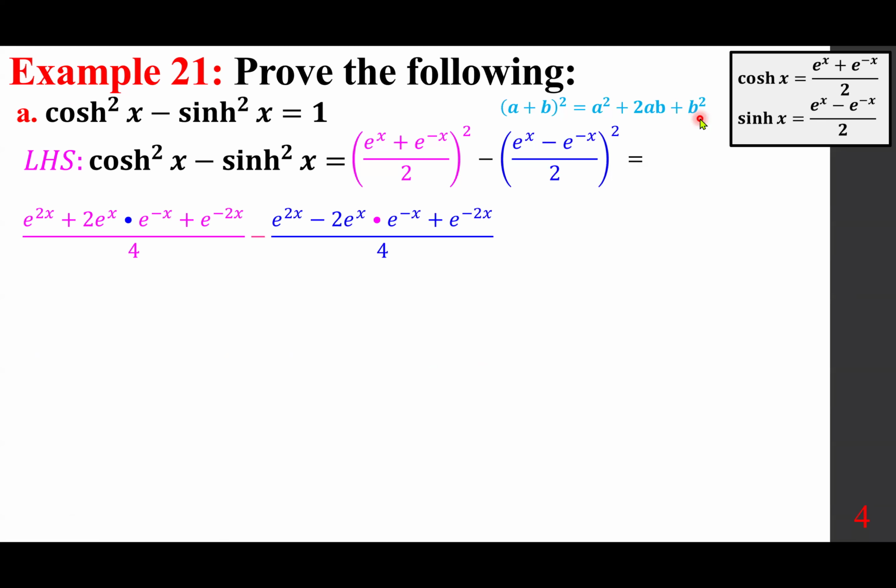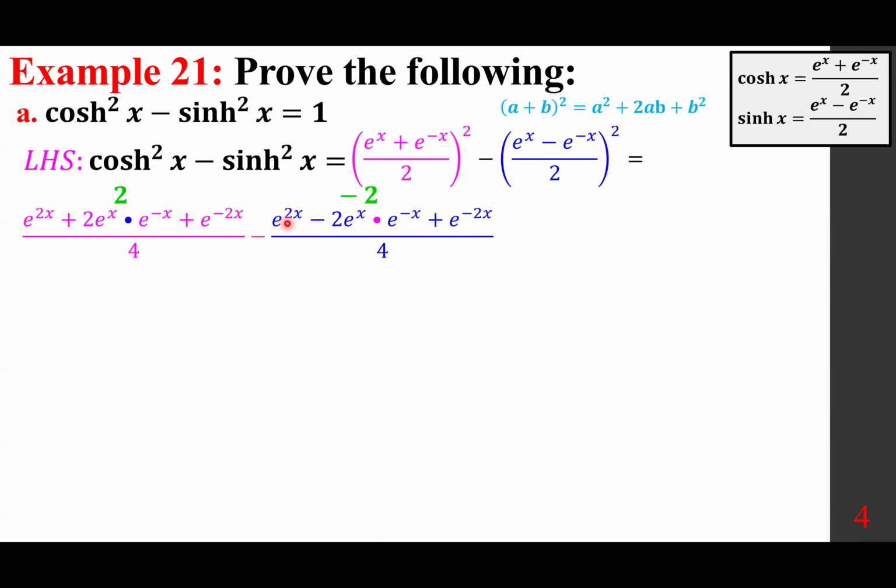Now we're going to put them together. And first and foremost, I want you to notice e to the power of x times e to the power of minus x is e to the power of 0, which is 1, and this is 2. And this is the same thing, 1 times negative 2, minus 2. So we are going to write this one as it is. This one, we're going to change the sign because of the negative.